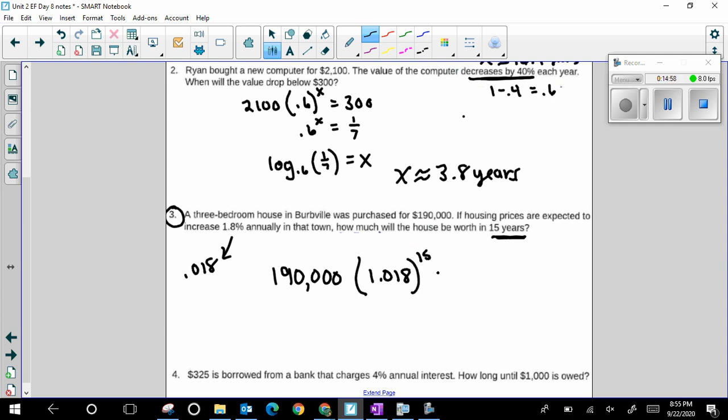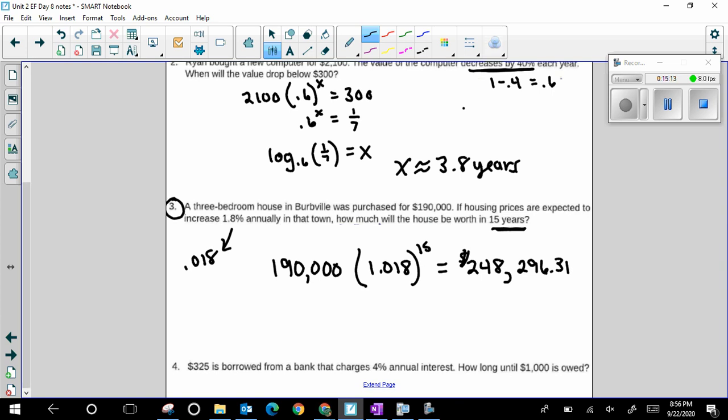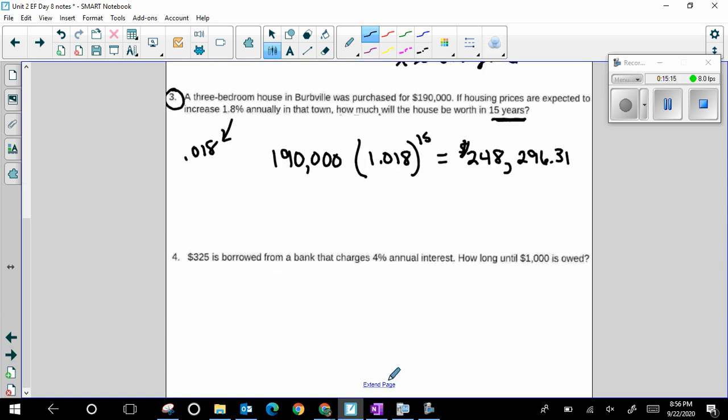So we just put that in our calculator before. And we got $248,296 and 31 cents. Okay, so no logarithm needed. We weren't solving for the exponent.